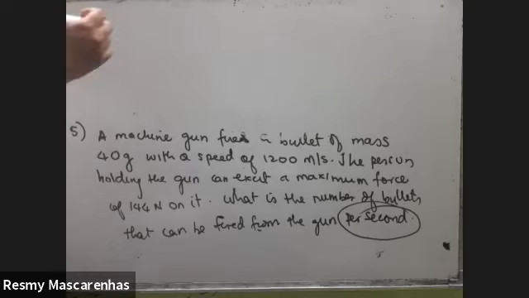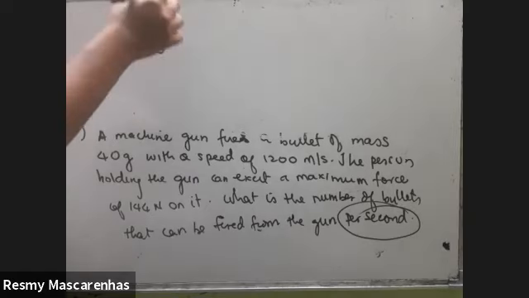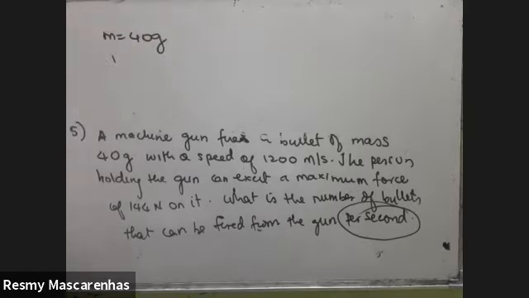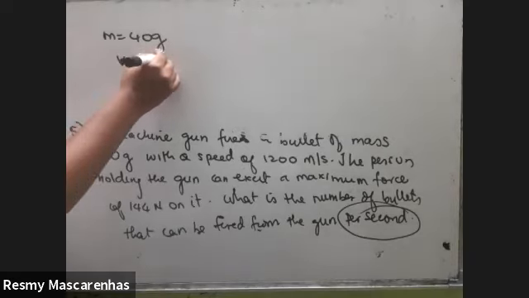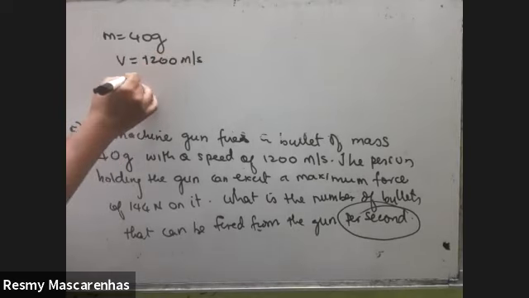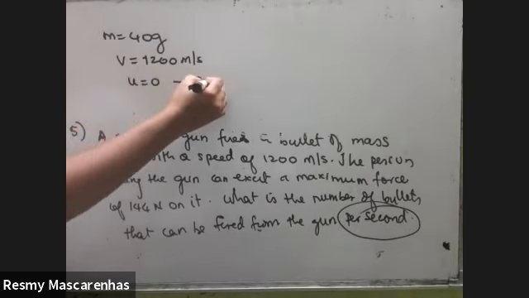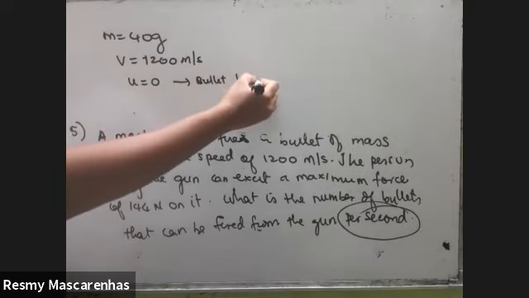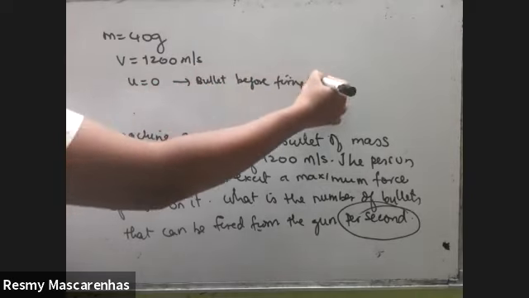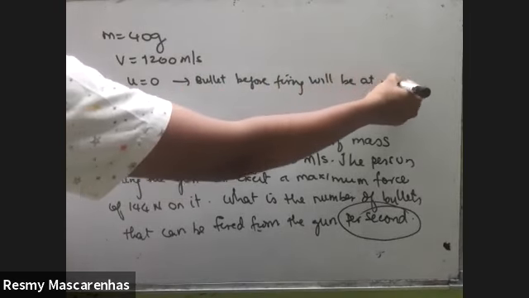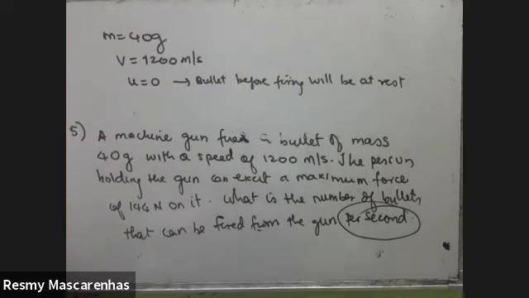So what all data has been given? m is 40 grams. Speed, not initial, it has already been fired, so that will be v. Initial will be what? 0, because before firing, the bullet will be at rest.